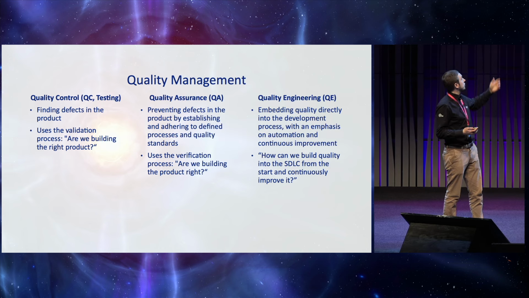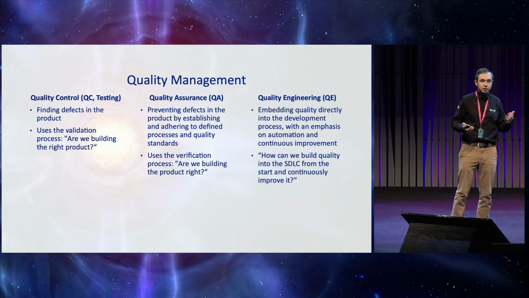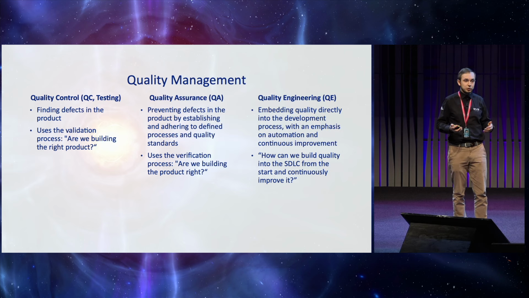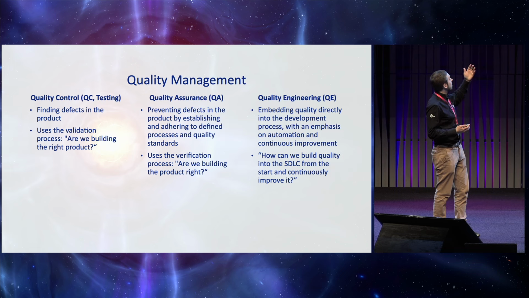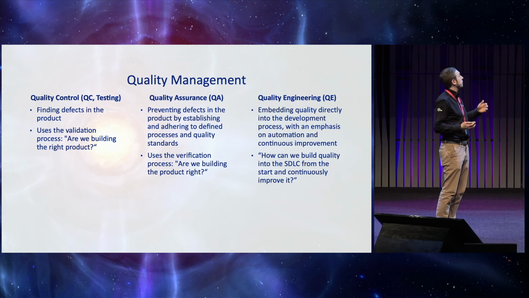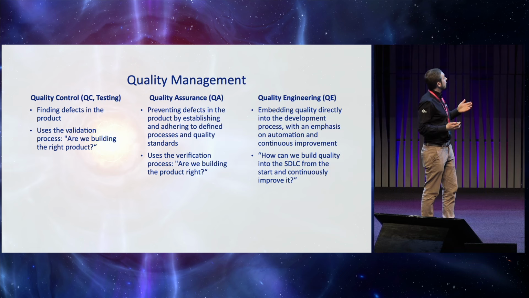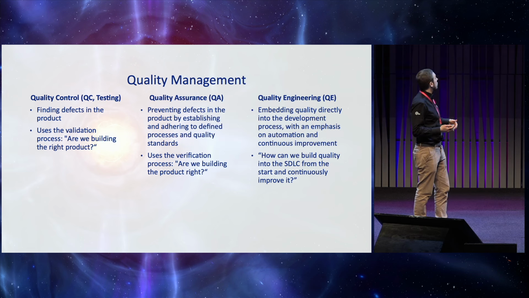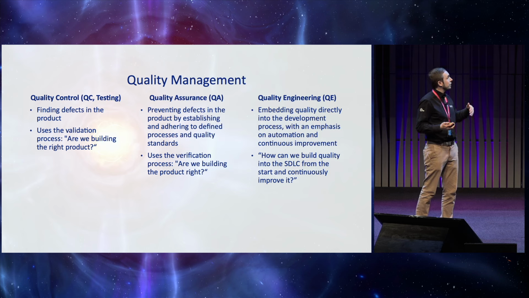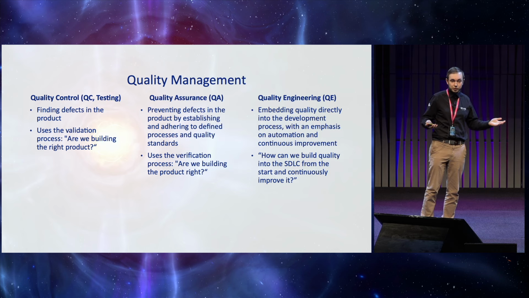Now, quality engineering, which is the main topic of this conversation, blends elements of quality assurance and quality control and focuses on embedding quality directly into the development process with an emphasis on automation and continuous improvement. In other words, how can we build quality into the software development lifecycle from the start and continuously improve it?